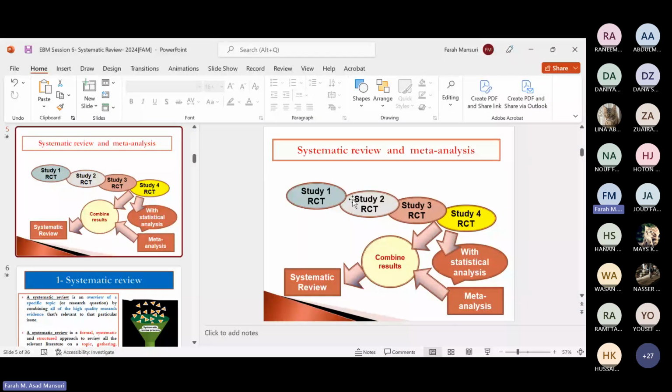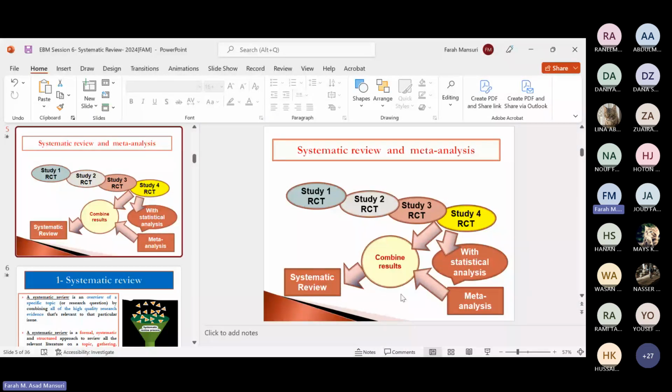But usually we see that we don't get a quite big number of included studies, and that is why we have to be cautious in the selection of the studies in a systematic review. We shortly see how we select the studies in a systematic review. I hope I made myself clear.